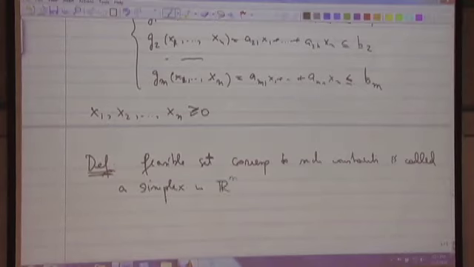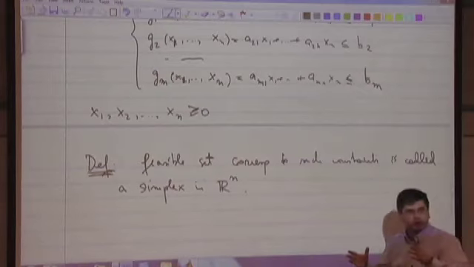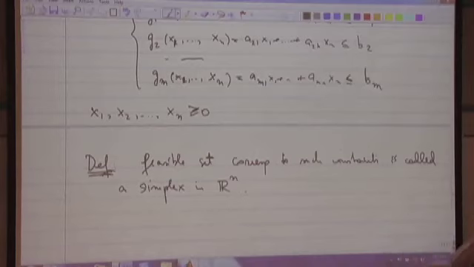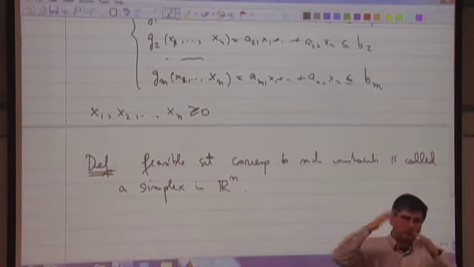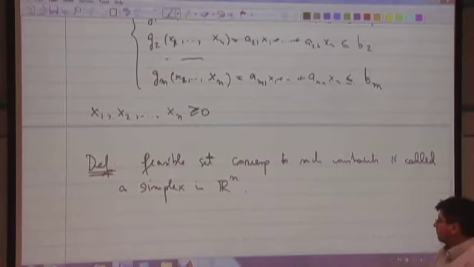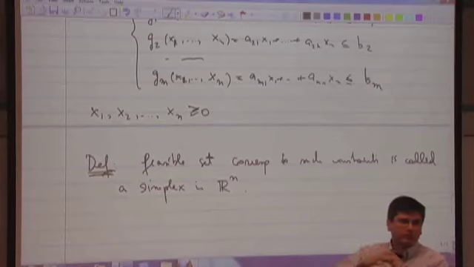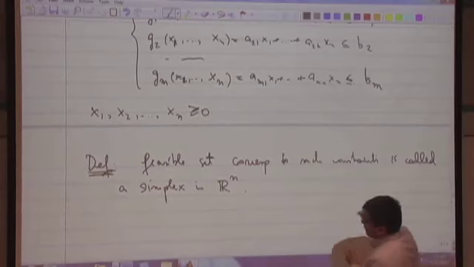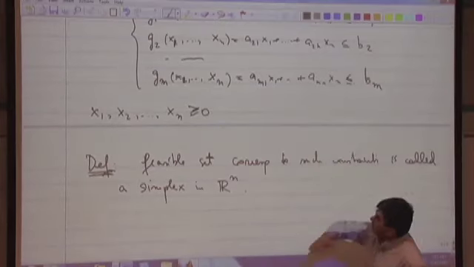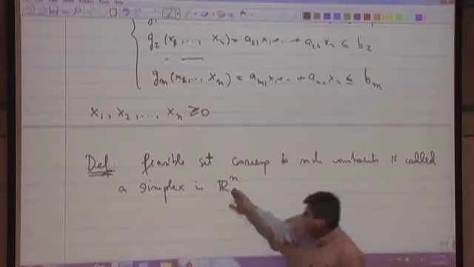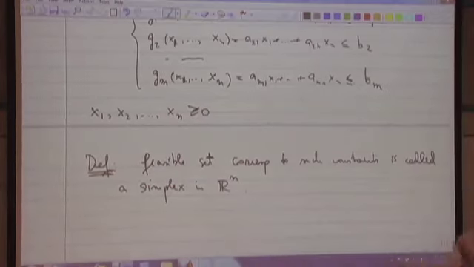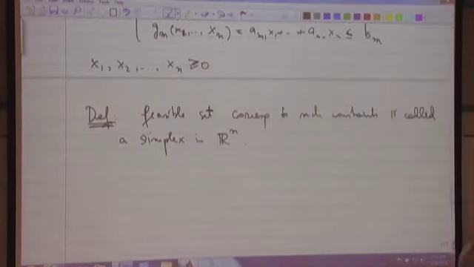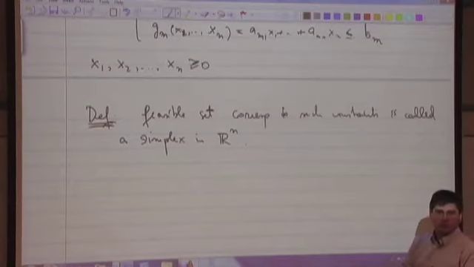In Rn, so Rn is the state space, right? You have n variables. So in Rn, you have this region, which is basically obtained by taking each constraint and reducing that space, that Rn, to half spaces, and so forth. So you can think of it as some sort of diamond with lots of faces, okay, in Rn.